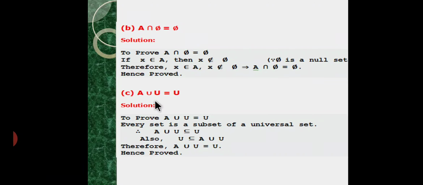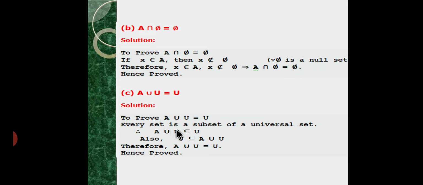So another one, A union U. U means universal set. A union U gives the universal set. So to prove A union U is equal to U, every set is a subset of the universal set.